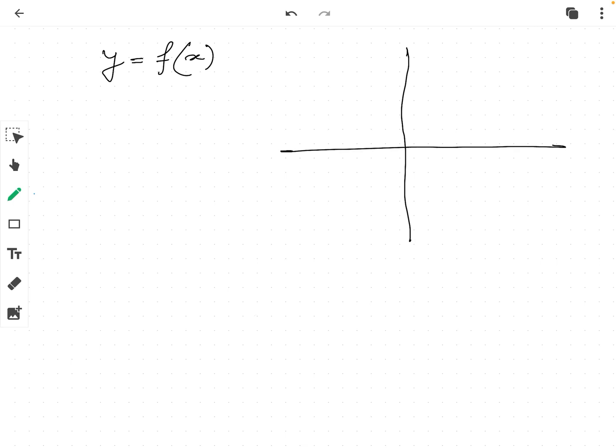Suppose you are given a function like this, y equal f of x. Now what is y equal f of x? y is a function of f, a function of x. Suppose the function is like this.